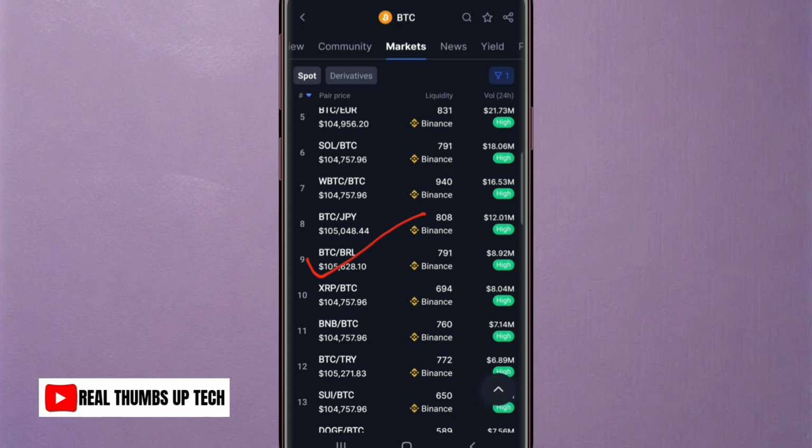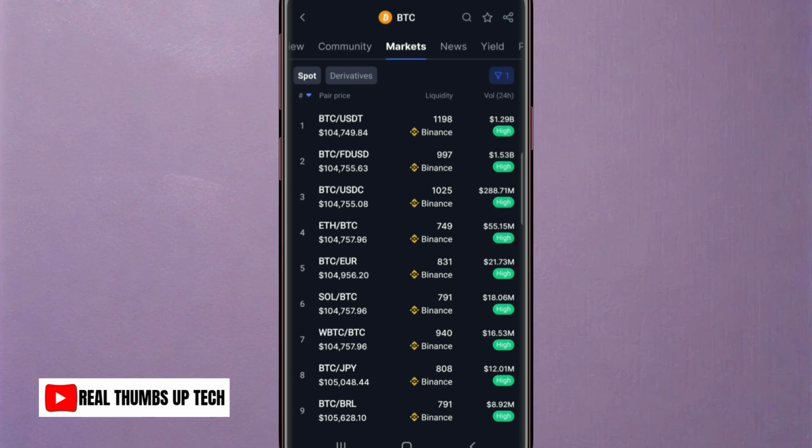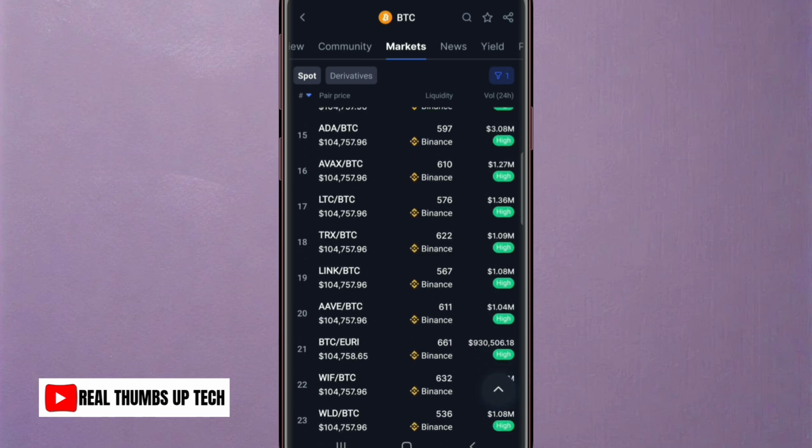The reason why I'm saying this is because you may see the opportunity like this on CoinMarketCap, and when you get to Binance, it must have interchanged. You understand? So when this one did not work for you, you try the other way around. Just know the 3 coins involved: USDT, BTC, and BRL.